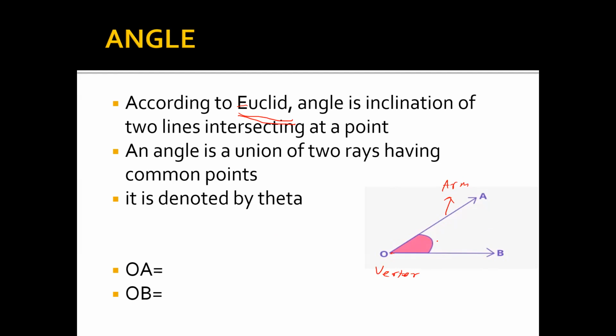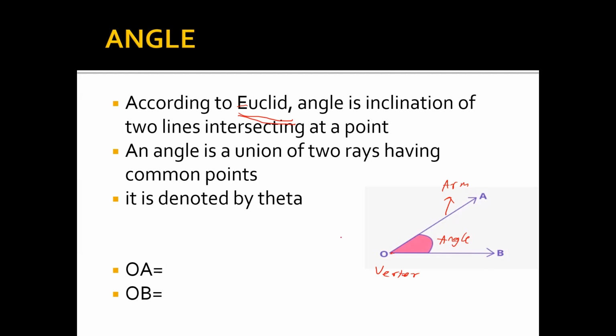Whenever two rays are intersecting each other, they are making an angle. So here, this is an angle. An angle can be measured in radian and degree, which we are going to discuss in detail later on.